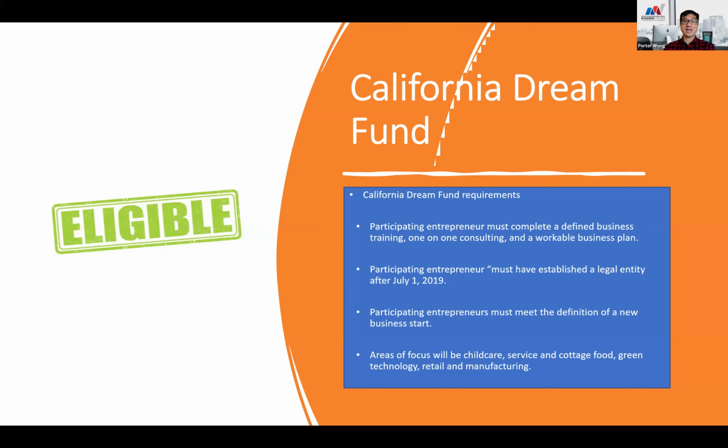It could be childcare, any kind of services, and cottage food, so basically home kitchens, anything related to green technology, retail, and manufacturing. So it actually covers mostly everything. Even if you're building an EV car, you're still in manufacturing.